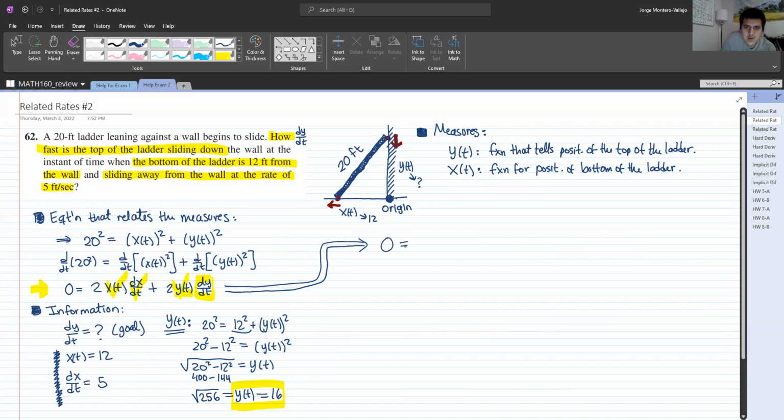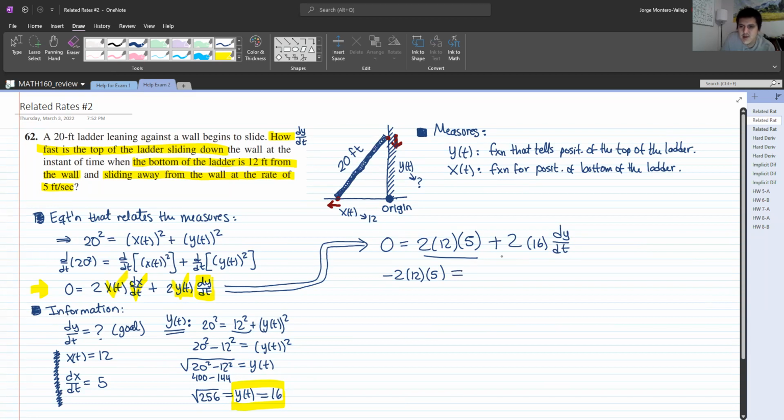So 0 equals 2 times x of t, which is 12, times dx/dt, which is 5, plus 2 times y of t, which is 16, that's the number we just found, times dy/dt, which is what we are going after. We are solving for dy/dt, so we want to send this to the other side, minus 2 times 12 times 5. You would maybe want to multiply this out. Don't do it. Well, I'll show you now why you don't want to do that.